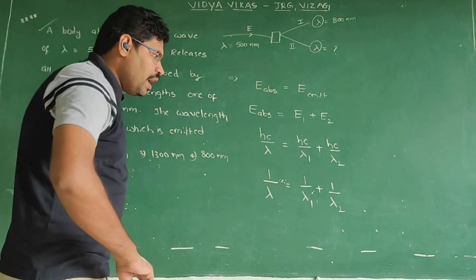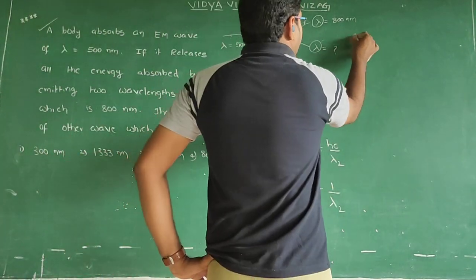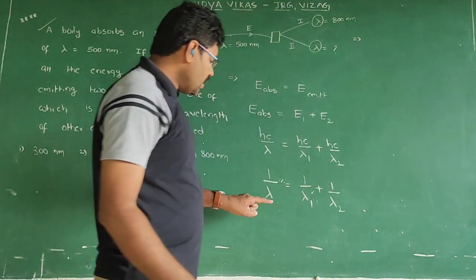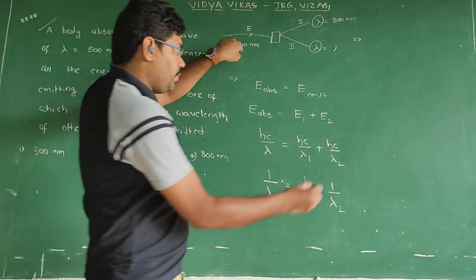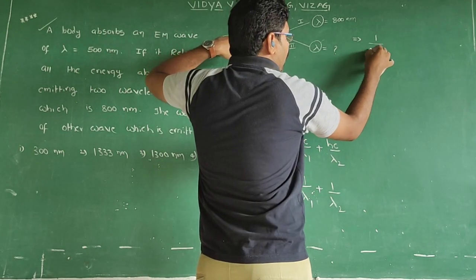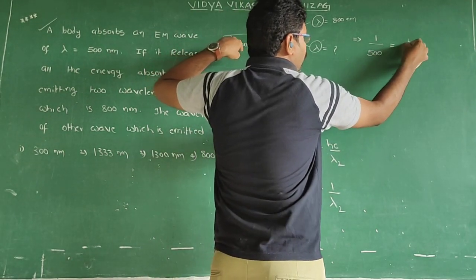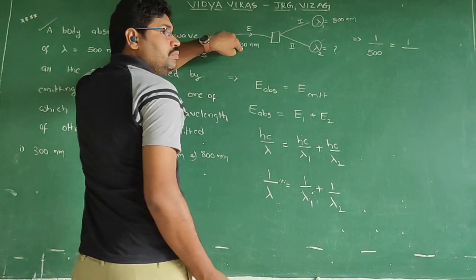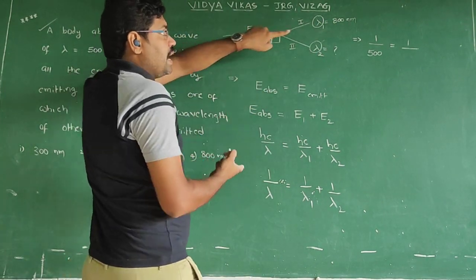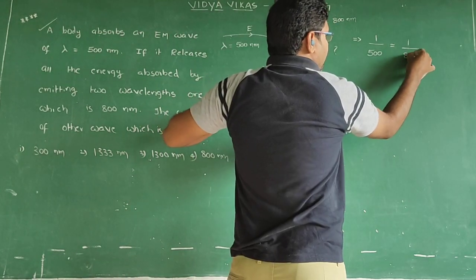And that's why, students, while we come to our calculation part, lambda is the initially incident light wavelength, so 1 by 500 is equal to 1 by lambda 1, plus 1 by lambda 2. One of the emitted light radiations has wavelength 800 nanometers, keep in mind.